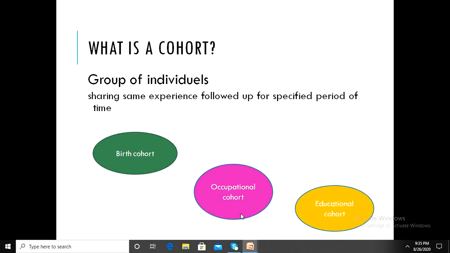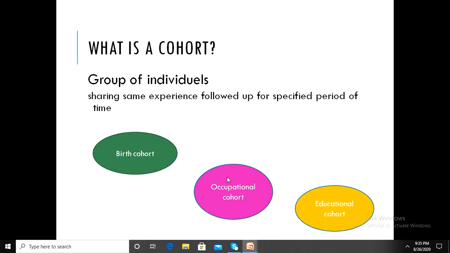So a birth cohort can be identified, and then an occupational cohort can be identified. For example, if you want to find out the association between exposure to a certain chemical and the development of a certain disease in a certain occupation, then we can make an occupational cohort. For example, we have a Bata factory near Sham ki Bhattiyan, and they use leather. So I want to find out an association between the development of anthrax in those workers who deal with leather.